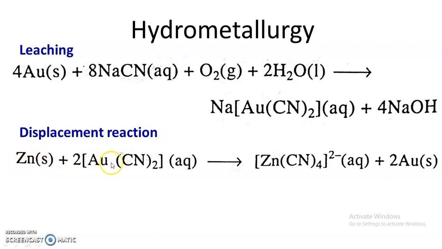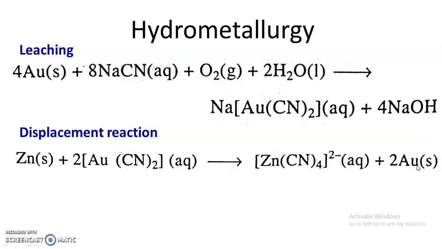This zinc displaces gold because zinc is more active than gold, and there is a formation of zinc complex, and we get the solid gold particles. So step 2 is the displacement reaction. This impure gold is further purified by electrolysis or a suitable method.